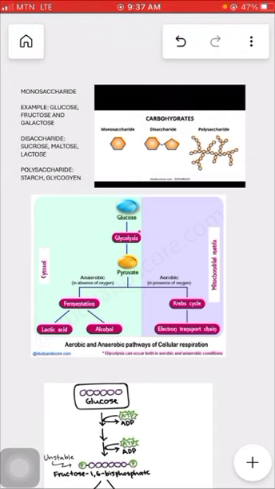And further, the molecules will enter the electron transport chain, where more energy is being produced. But in the absence of oxygen, which is the anaerobic condition, the pyruvate that is formed will be fermented into lactic acid and alcohol. So glycolysis can occur in both aerobic and anaerobic conditions.